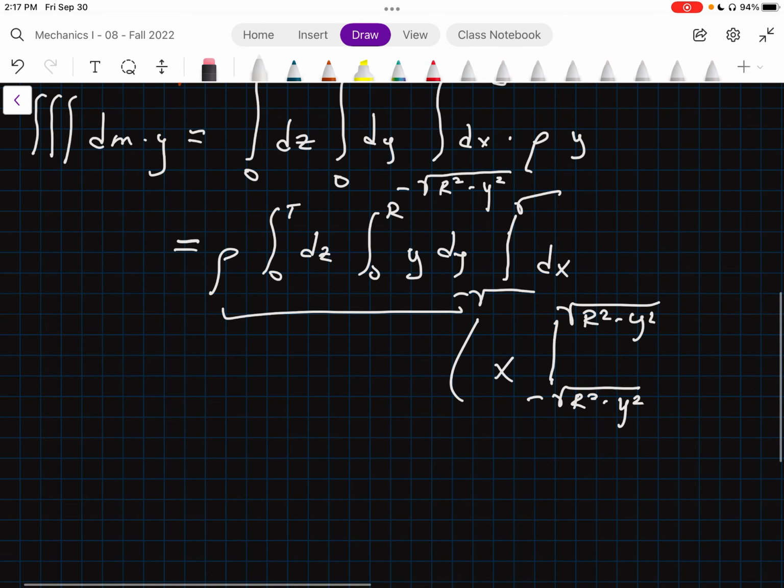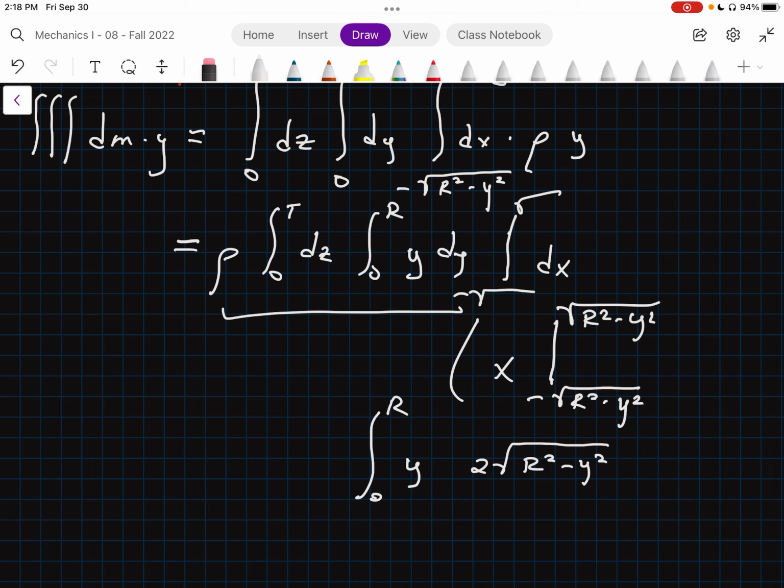And if I evaluate this, I get the square root of r squared minus y squared minus a negative of this, and so I actually get 2 times the square root of r squared minus y squared. Okay, and then I'm still left with the integral from 0 to r of y dy, and the integral from 0 to t of dz. And my density's out there.